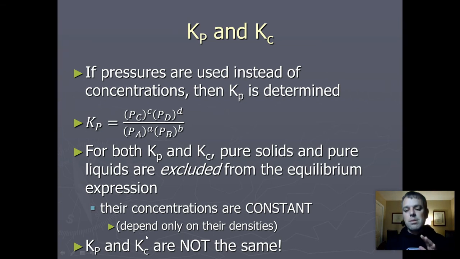And we're not going to worry about how to convert from Kc to Kp and vice versa. If you're referring to Kp, it's always spelled out as Kp. For Kc, sometimes they just call it K and leave out the c. But for Kps with pressures, it's always specified with the p.